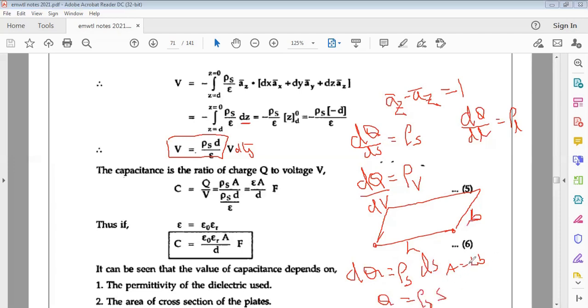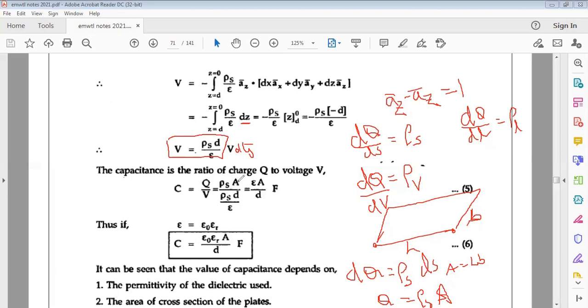Nothing but the area L into B. So I represent S as the area A, so Q is equal to rho S into A, because it is a surface. The charge is distributed on the surface at z equal to 0, that is plate 1. And the negative charge is distributed on plate 2, placed at z equal to d. So the total is spread over the surface area.